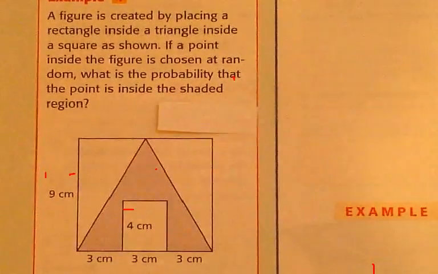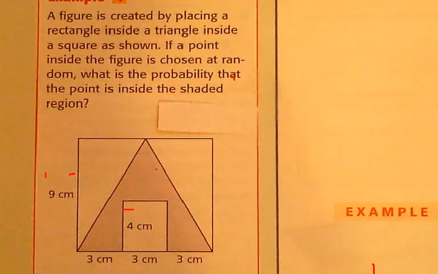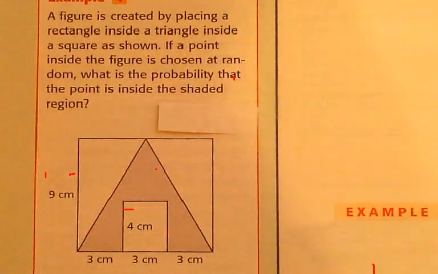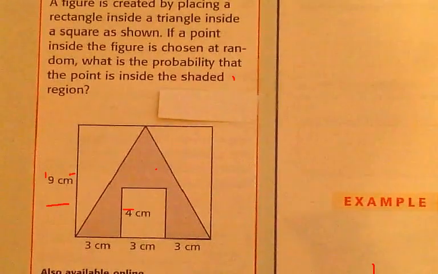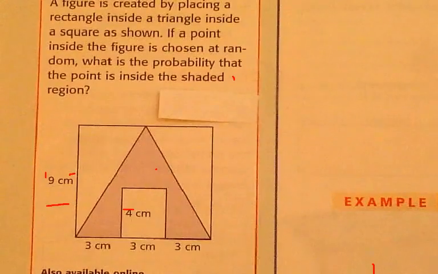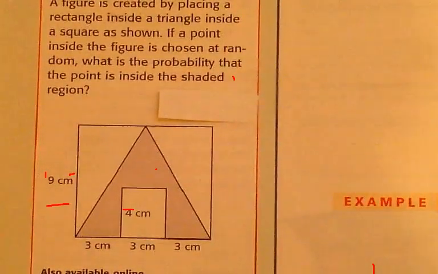All right, so here we've got a big square, right? This is 9. This is 9. And then down here, this is also 9, 3 by 3 by 3, right? So there's a big square, and then there's a triangle inside the square, and then there's a rectangle inside the triangle, right?